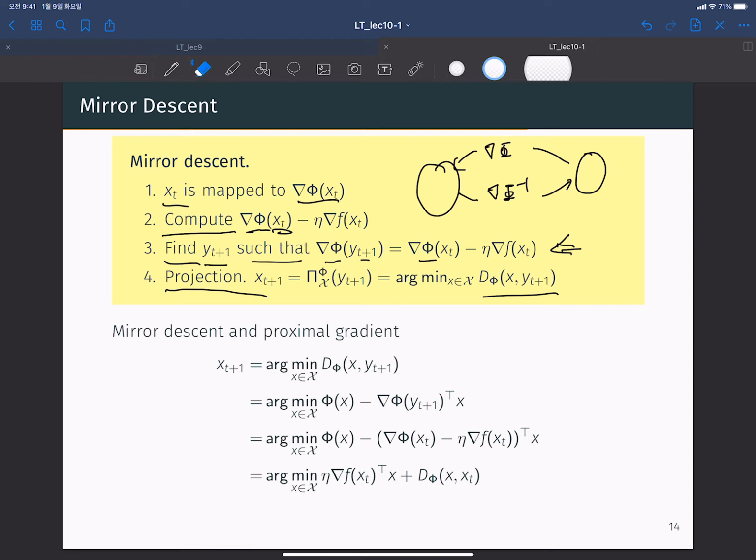So we find the point x among our constraint set having the smallest Bregman divergence when we compute D_Π(x, y_{t+1}). Okay, that is called mirror descent.